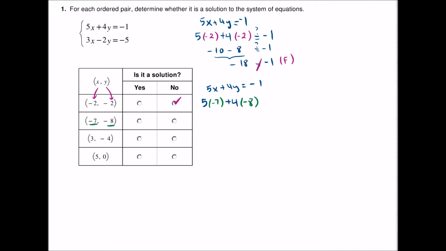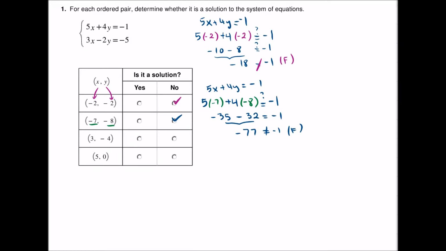We're going to do the same thing to check if this gives a true statement. 5 times -7 is -35 and 4 times -8 is -32, and that's obviously not equal to -1. This will give me -67, and this is a false statement. So again, this point is not a solution. I'm going to check no.